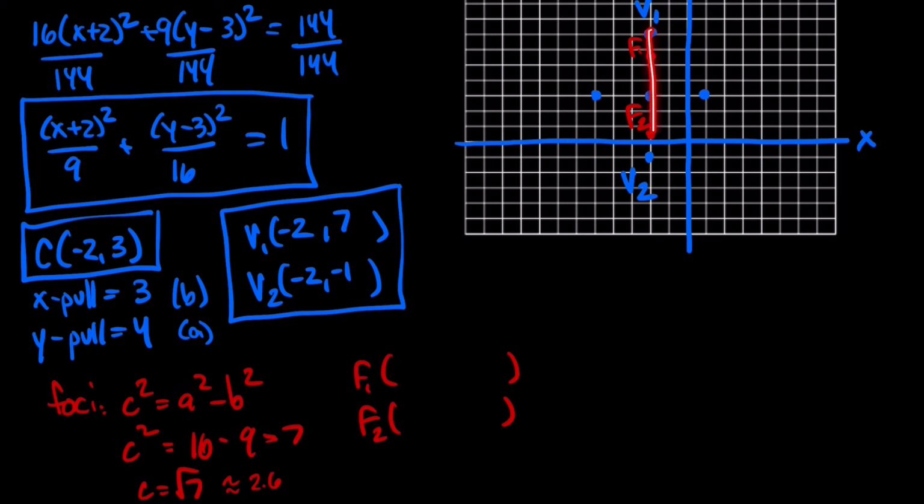In this case, they're all going to have the same x value, negative 2 comma something. And how do you get the y coordinate? Remember, you take the center y value and you add square root 7 to get to F1. To get to F2, you subtract square root 7. So this will be 3 plus square root 7, and this will be 3 minus square root 7.